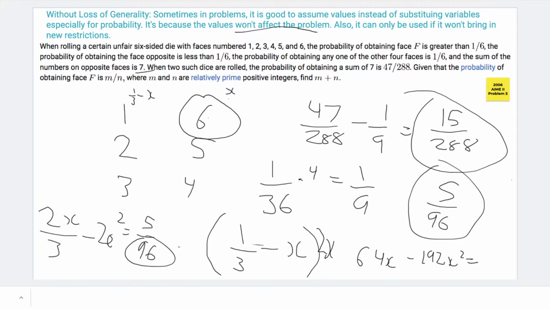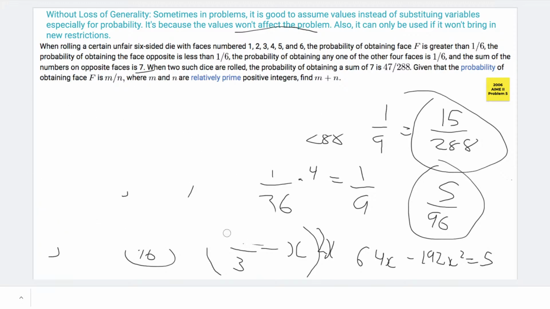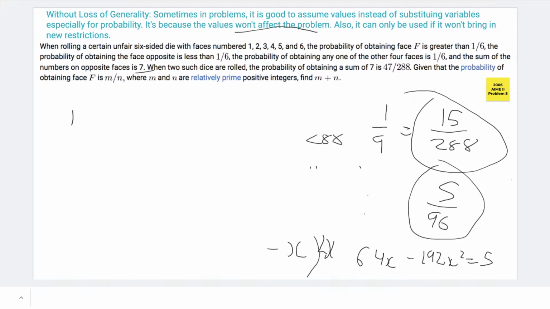And now let's simplify this. And after you simplify this, you get 192x squared minus 64x plus 5. Now let's factor this out.